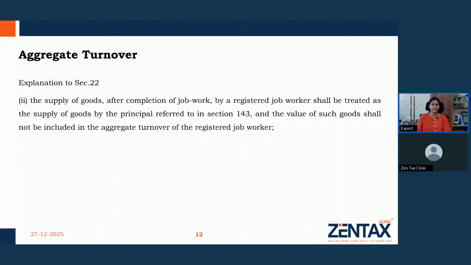The point to note is that the value of goods supplied by the principal to the job worker will not be included in the aggregate turnover calculation. Only the job work charges, or the services undertaken by the job worker, will be included for the purpose of aggregate turnover.